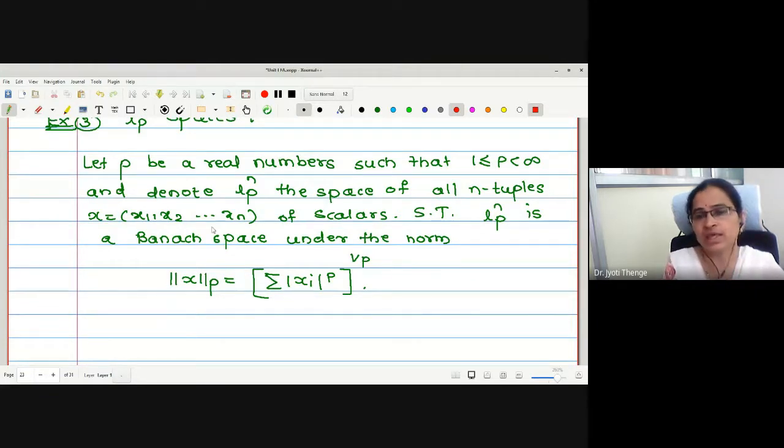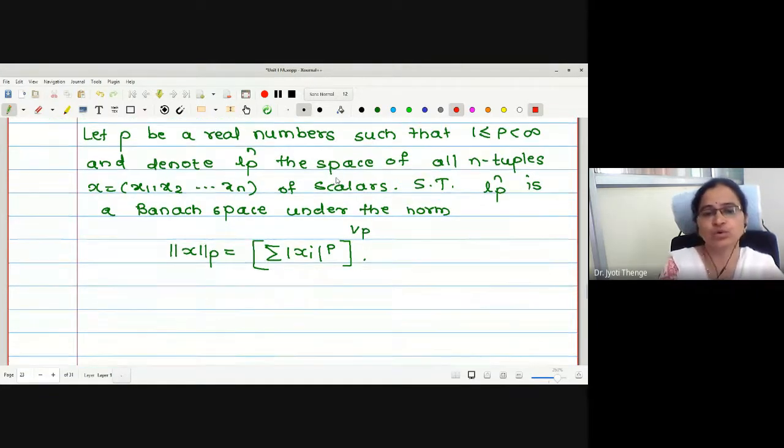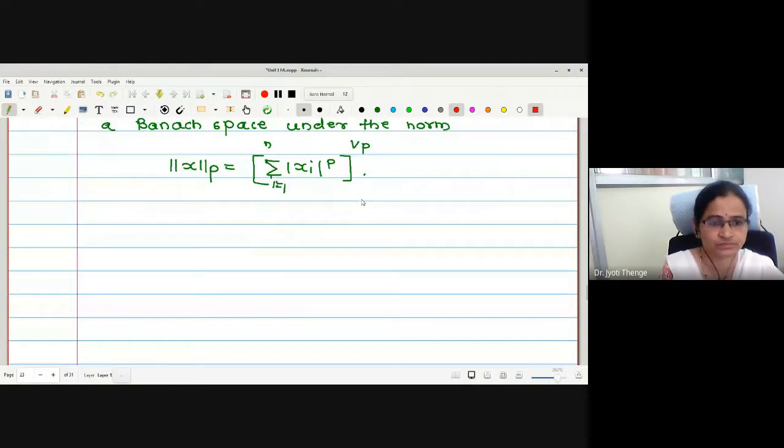In the LPN spaces, we have to add one condition: the sum of the modulus of every coordinate raised to P is a finite value. Here I will write LPN.